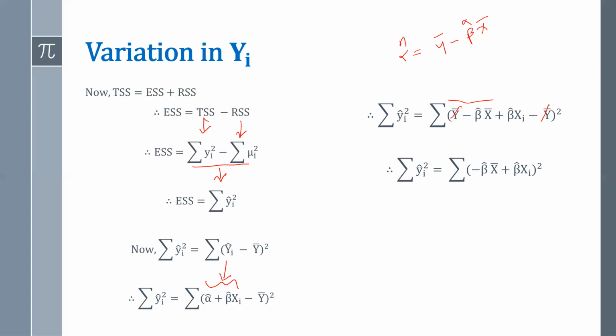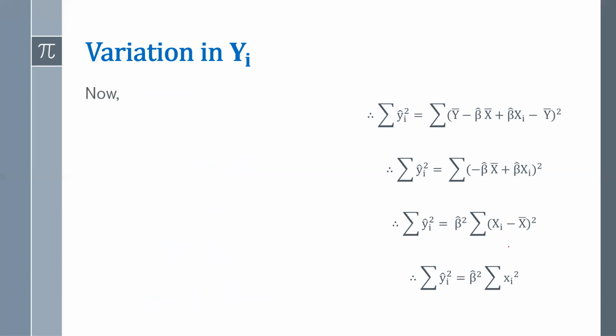So beta hat square is common. So therefore, summation yi hat square is equal to beta hat square into summation xi minus x bar whole square, and this is small xi, the deviation form. So summation yi hat square is equal to beta hat square into summation xi square. So now ESS is equal to beta hat square summation xi square.